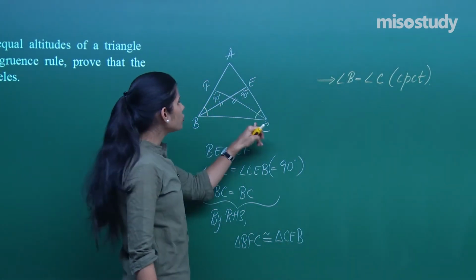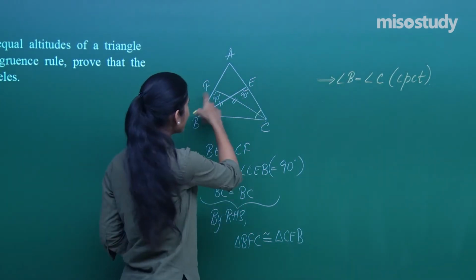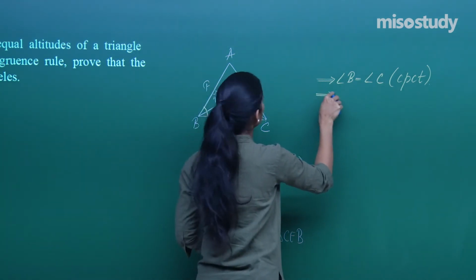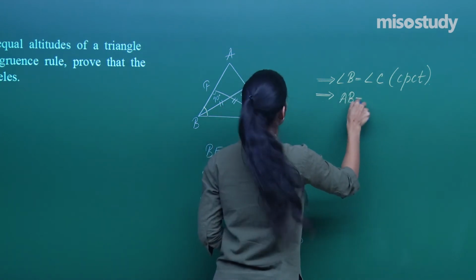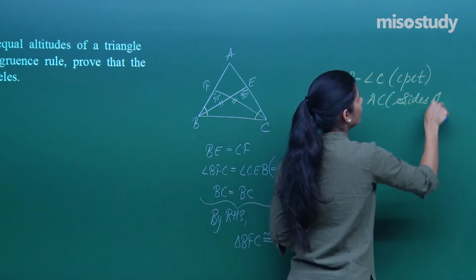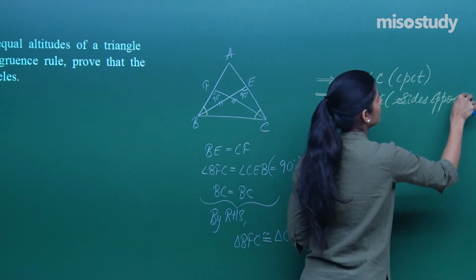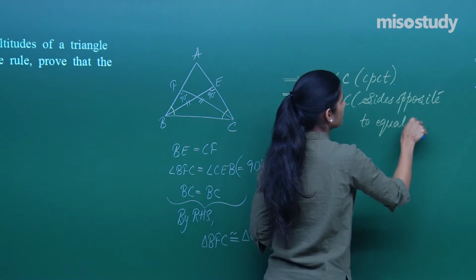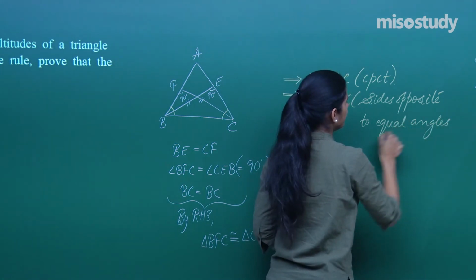The moment you have two angles same, sides opposite to two equal angles are also equal. So this implies AB is equal to AC, since sides opposite to equal angles are equal.